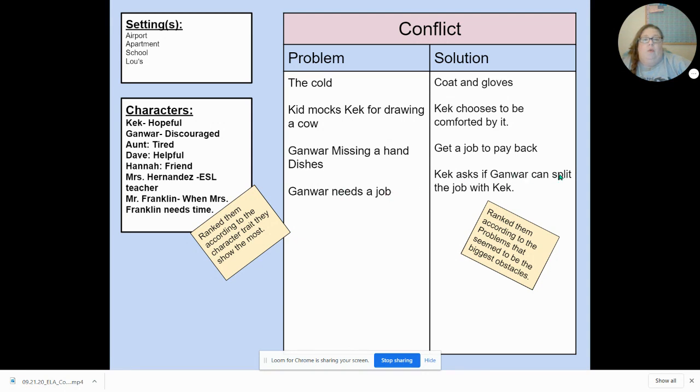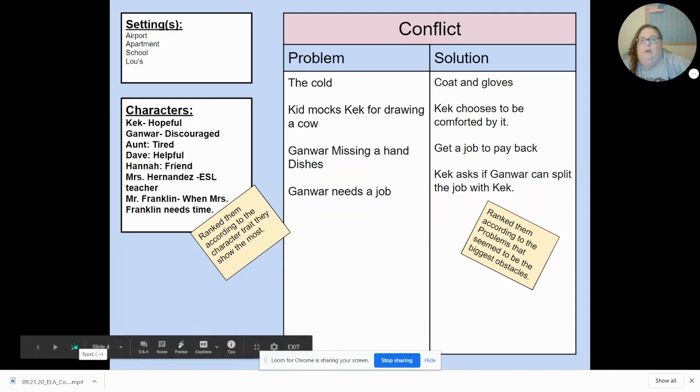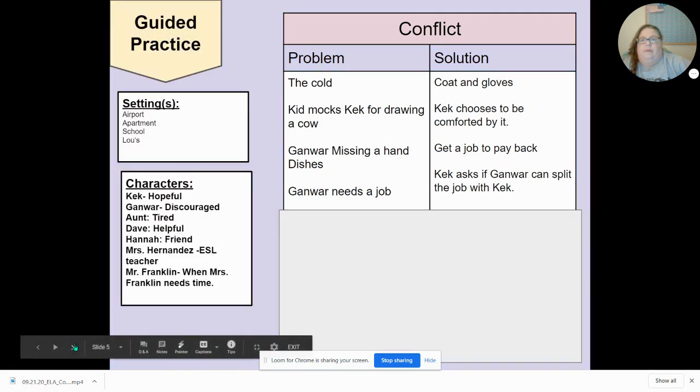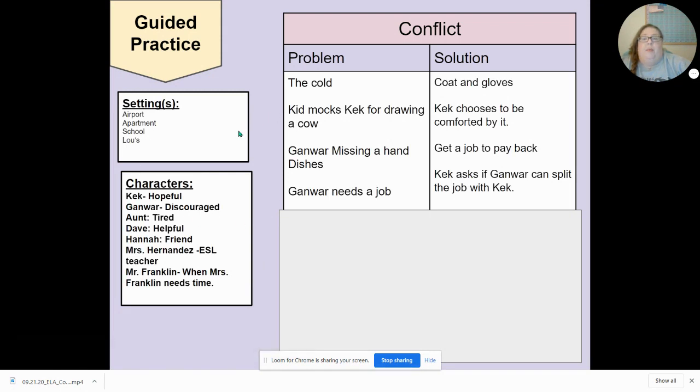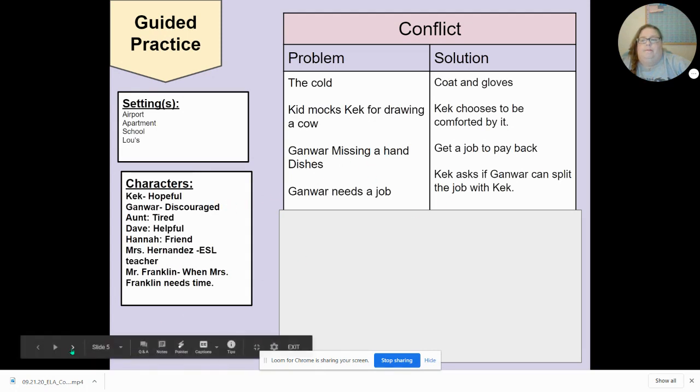Keck asks if Ganwar can split the job with Keck. And so those are the different problems and solutions that we find within Home of the Brave. Okay, and you'll want to make sure that you show up for guided practice because we're going to look at more conflict, more problems, and more solutions.